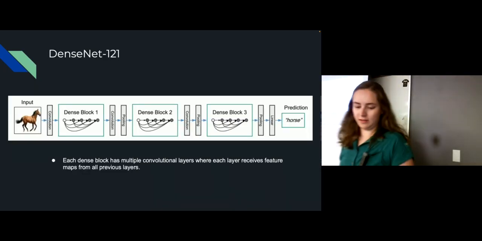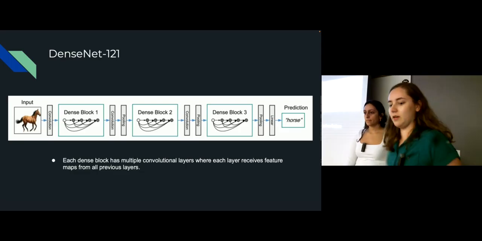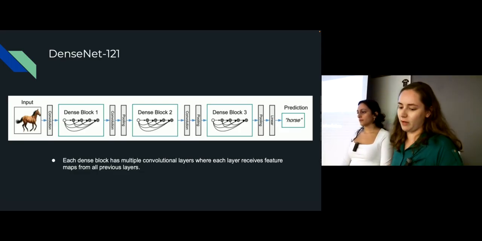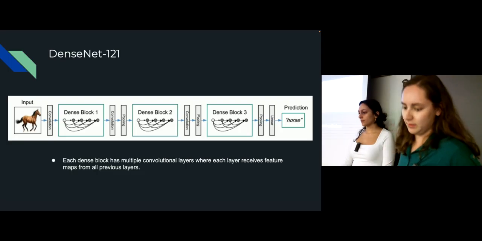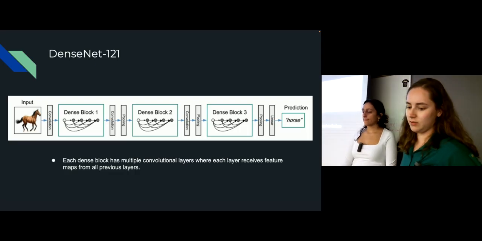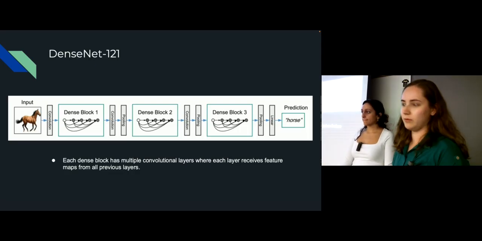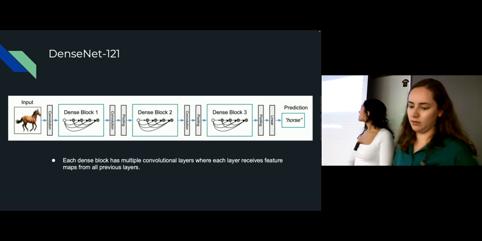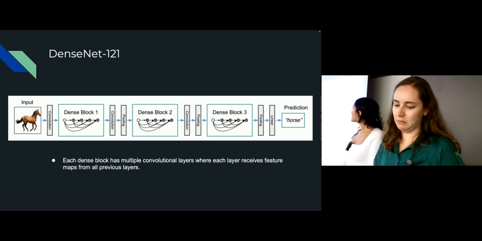And for the second model, we used a DenseNet 121 as the backbone, and it has convolutional layers and pooling layers and dense blocks, and each dense block has multiple convolutional layers where each layer receives feature maps from all previous layers.